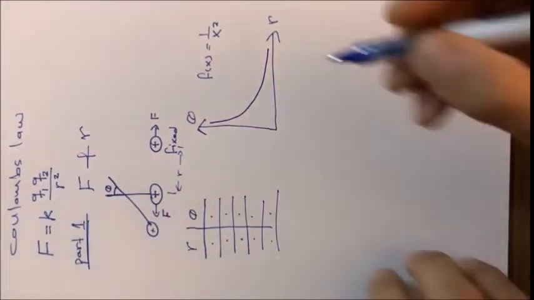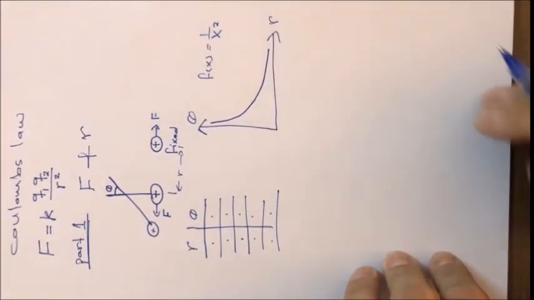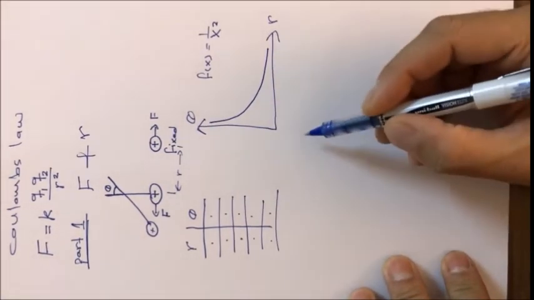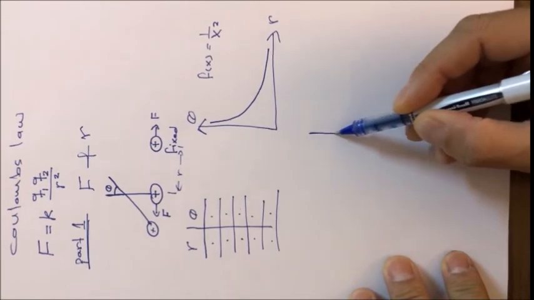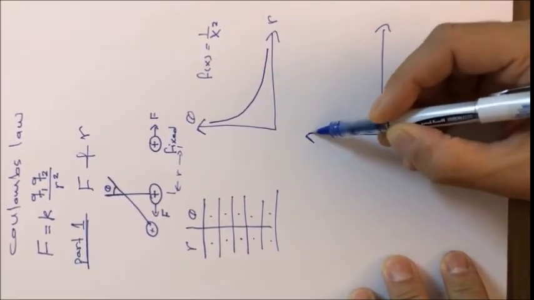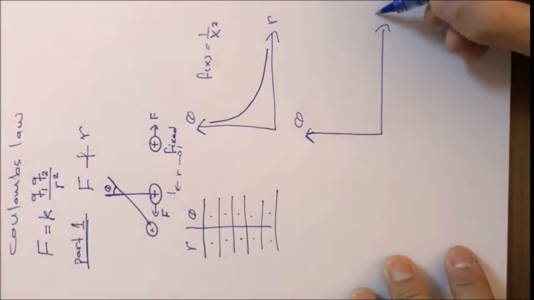And to make sure that the power is 2, we can convert this graph into a straight line by graphing the angle theta with 1 over r squared.